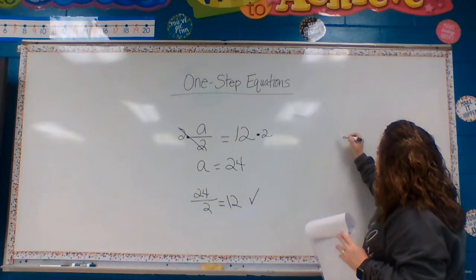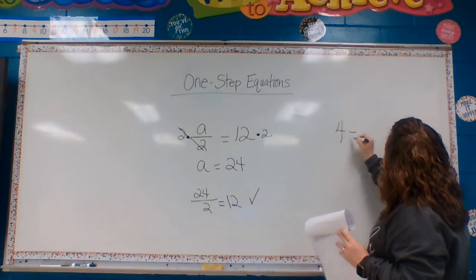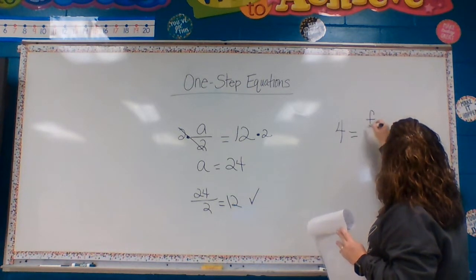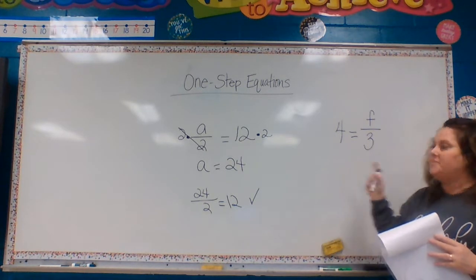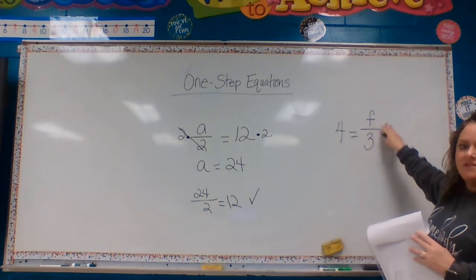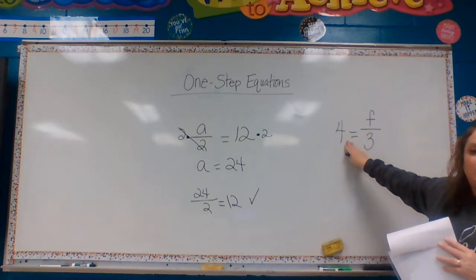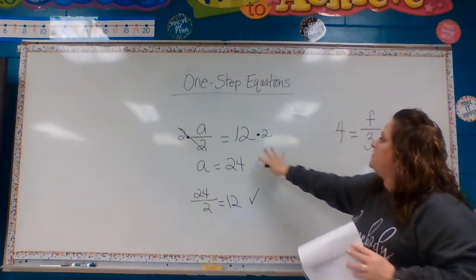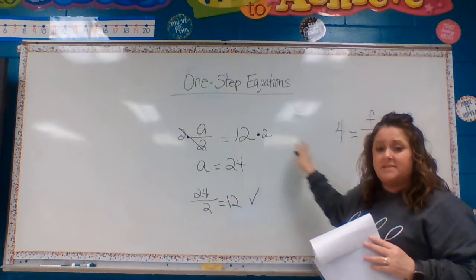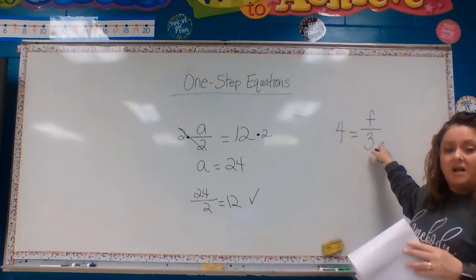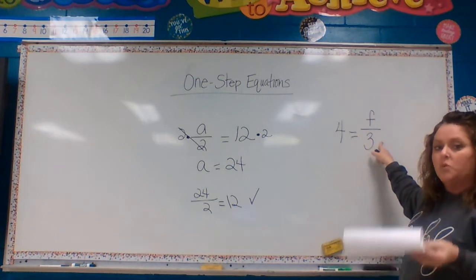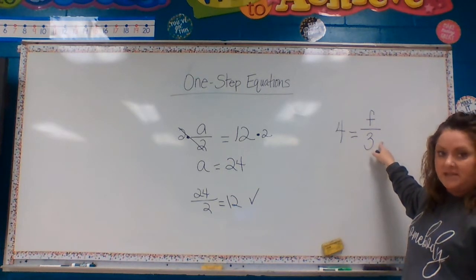All right, so we have 4 equals f divided by 3. So this equation is telling me that something divided by 3 equals 4. Although it is backwards from the way this one was set up, you still work it the same. So something divided by 3. So to solve it, we use the inverse operation, which would be to multiply both sides by 3.